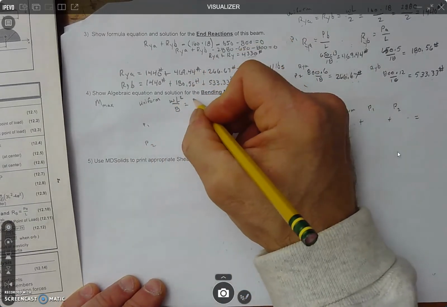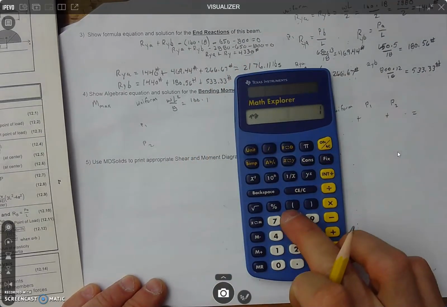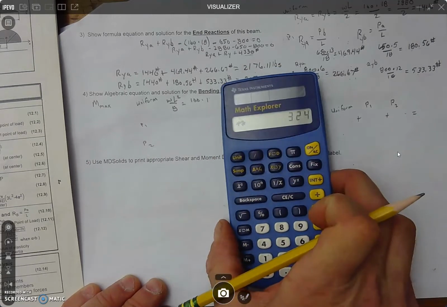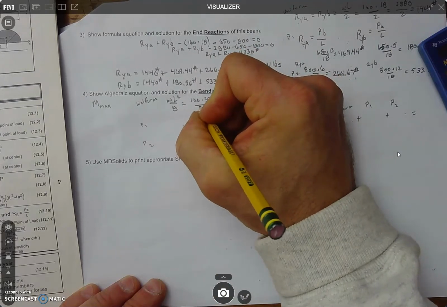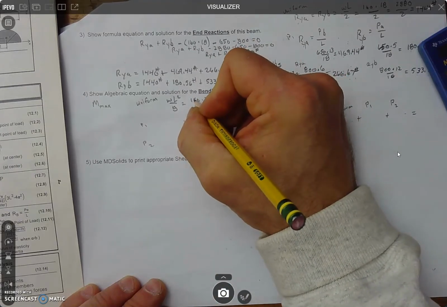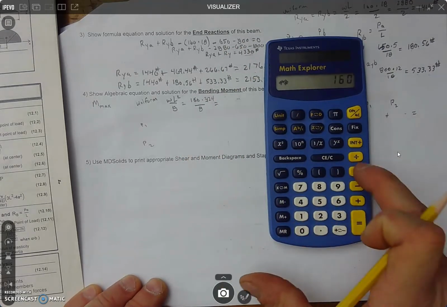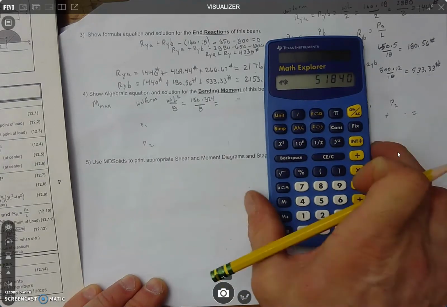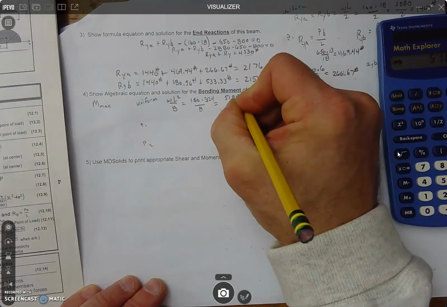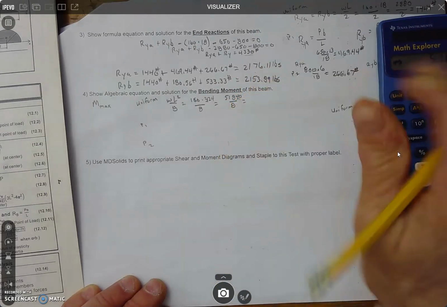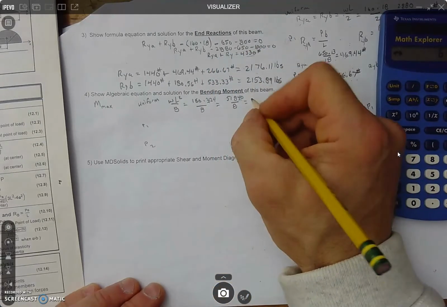Our W is 160 times 18 squared. I'm going to type 18 times 18. That's 324, divided by 8. So 160 times 324 equals 51,840, divided by 8 equals 6,480.